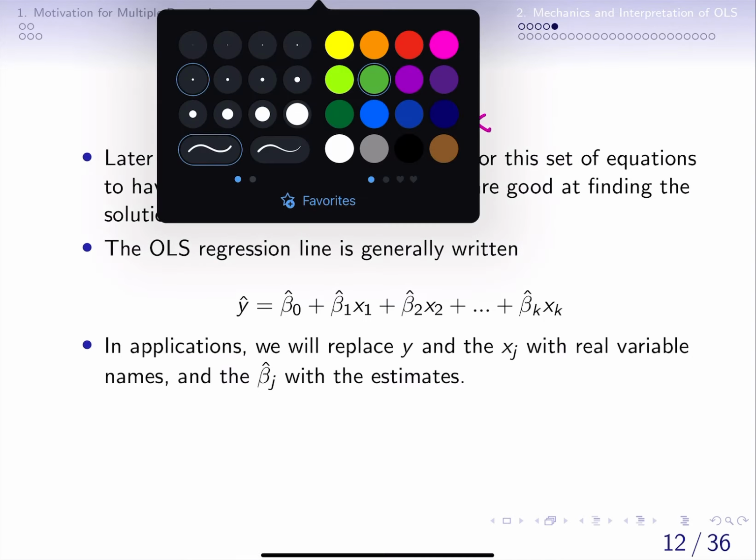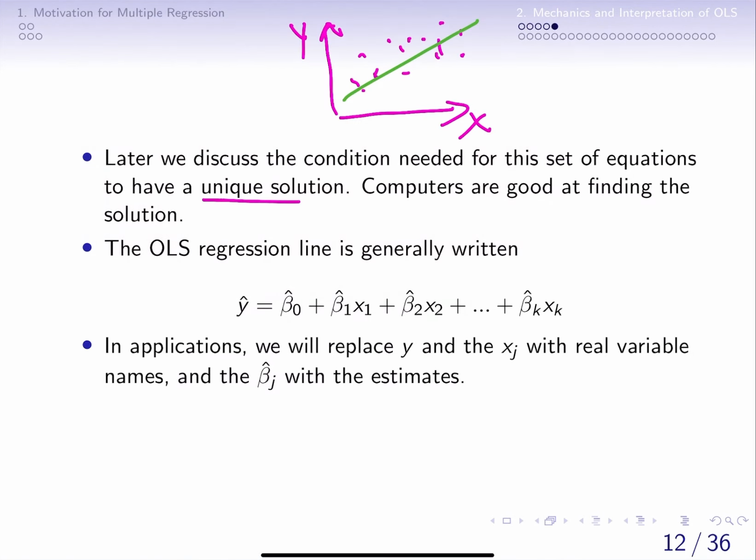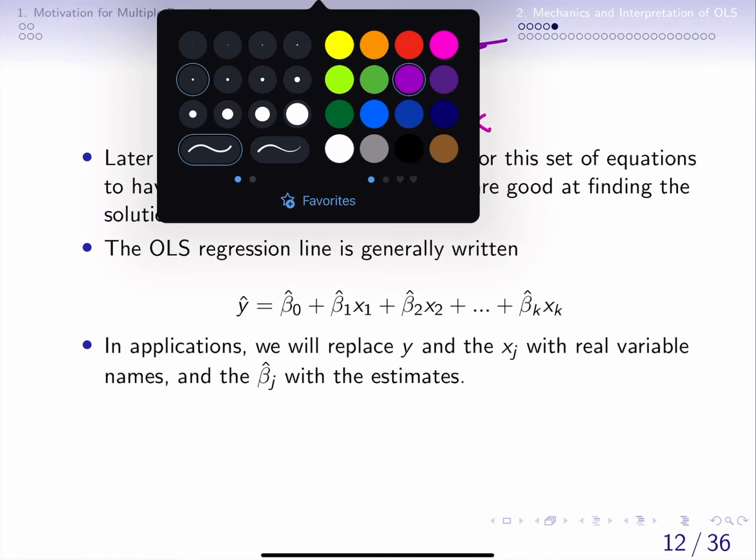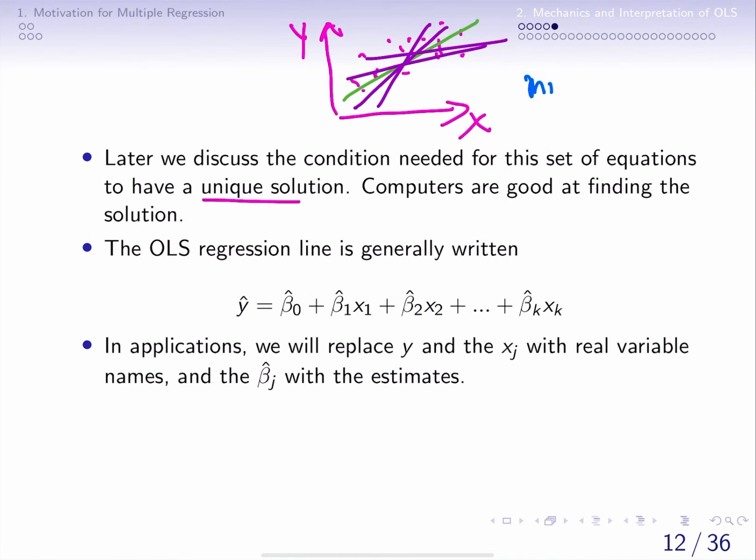So what the computer is trying to do is come up with different lines and see which of these lines, which of these rotations, best fits the data. And by best fit, we mean which line minimizes the sum of squared residuals, okay?